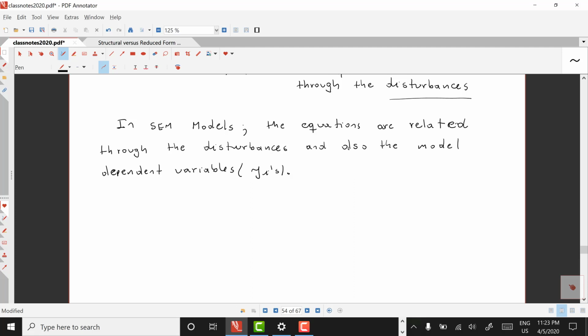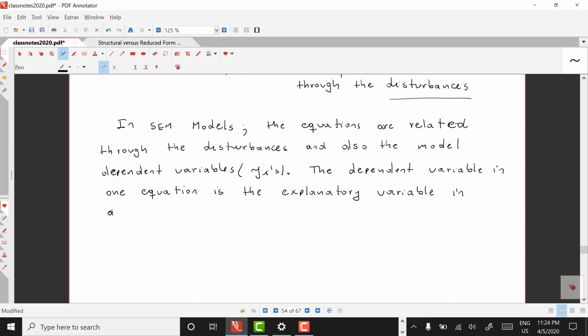And the idea here is that the dependent variable in one equation is the explanatory variable in another equation.